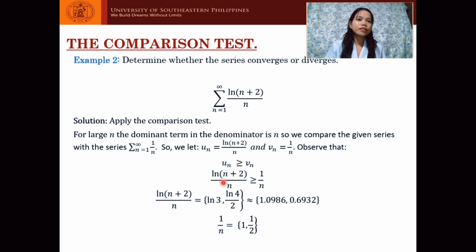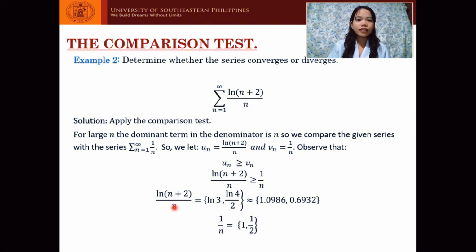So we have the ln of n plus 2 over n, which should be greater than or equal to 1 over n. For this one, we have to apply what we did earlier. We have to list the first two terms at least, to compare the two series, if it is less than or equal or greater than or equal.